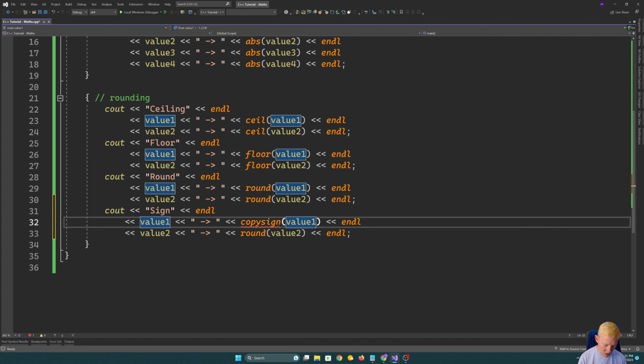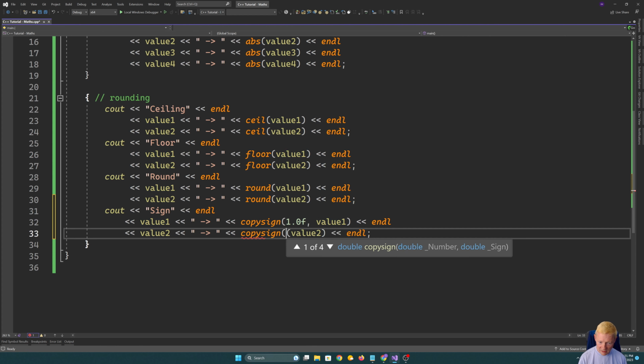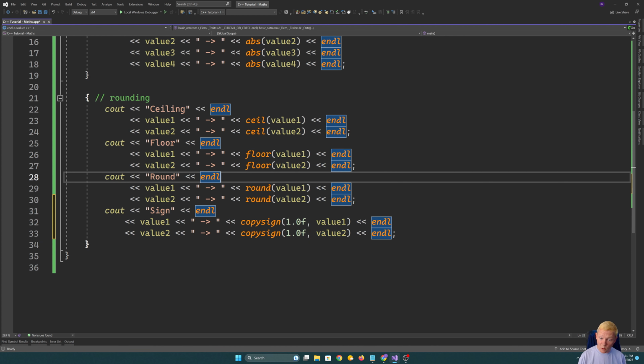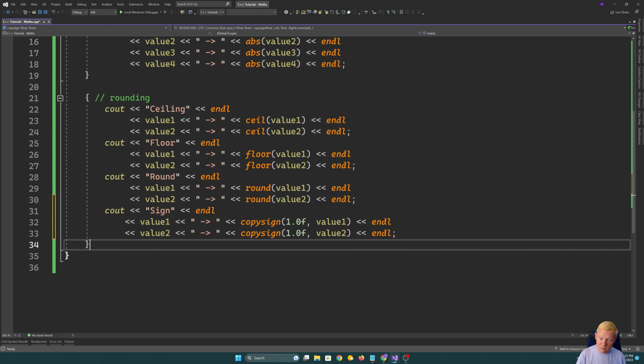So we can do copy sign, and what we are saying here is the left-hand parameter we give it is the floating point number that the sign is being copied to, and the right-hand side is the number that we're copying the sign from. So if value 1 is negative, then this will give us back -1. Otherwise, it will give us back 1.